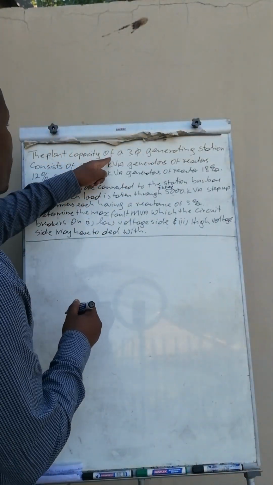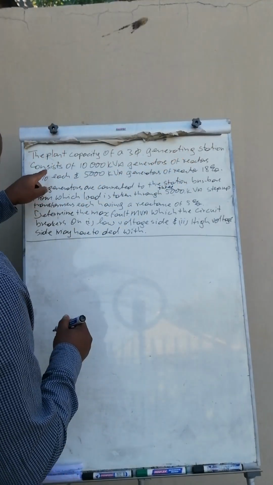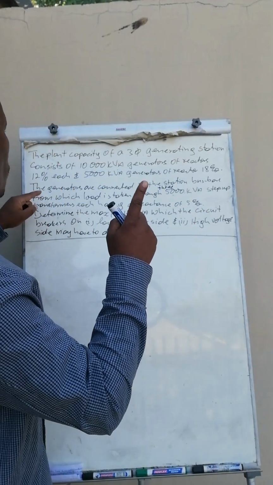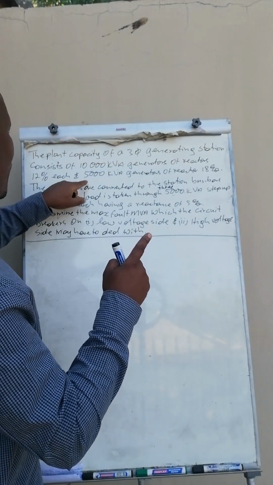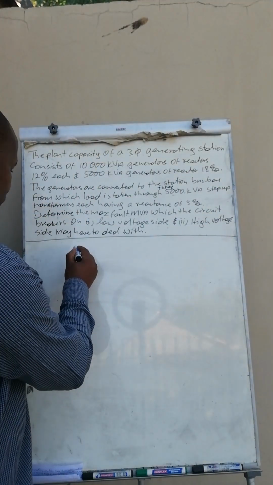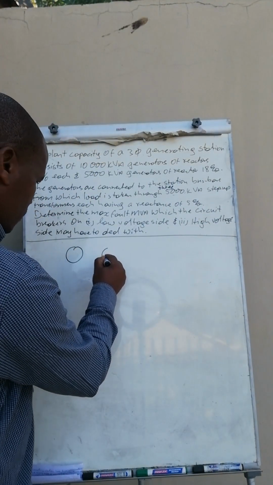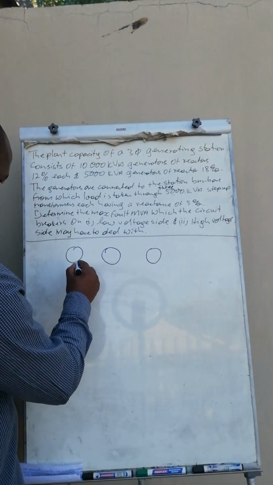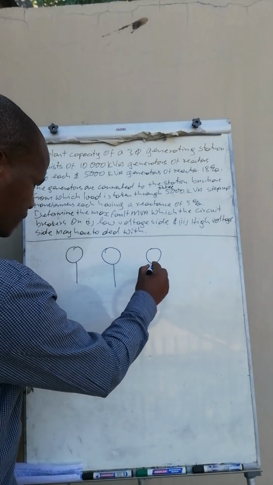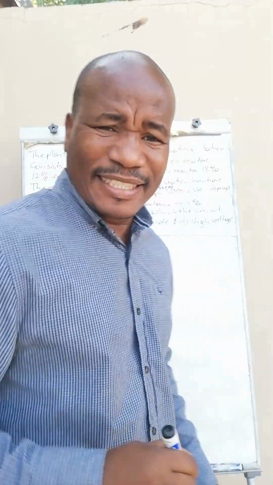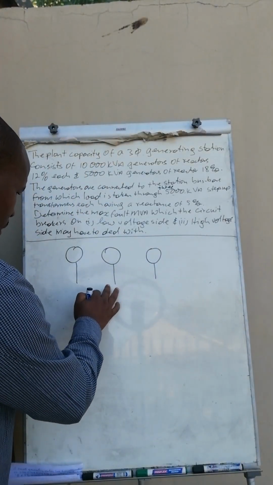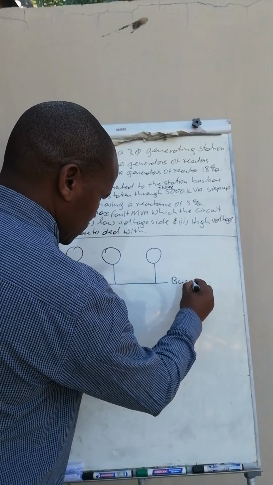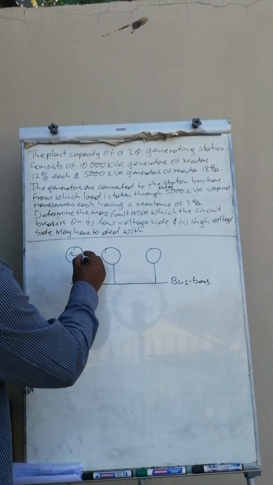Now, the plant capacity of a 3-phase generating station consists of 10,000 kVA generators of reactance 12% each and 5,000. There are three generators. And remember, always the generators supply power to the bus bars.